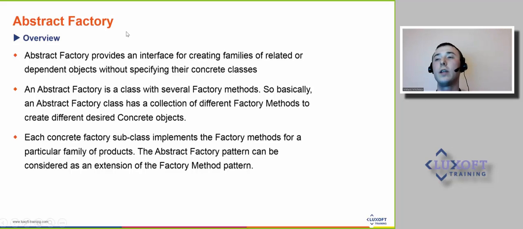Abstract factory is a class with several factory methods. So basically, abstract factory class has a collection of different factory methods to create different desired concrete objects. So simply to say, our abstract factory class contains factory methods inside it.